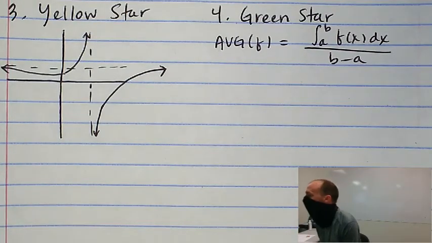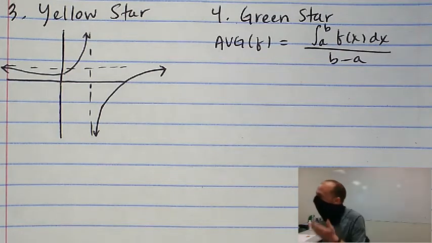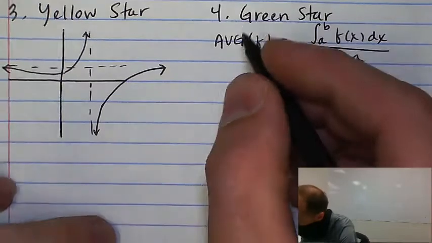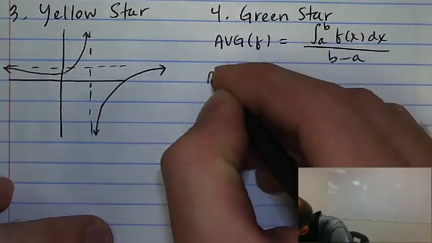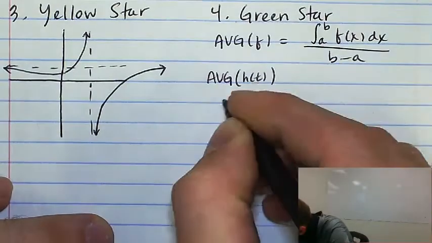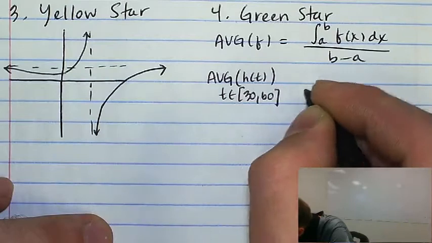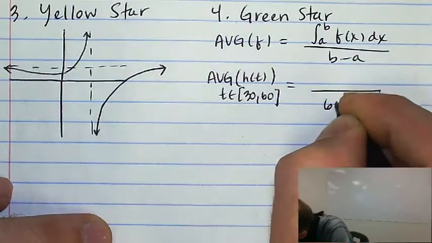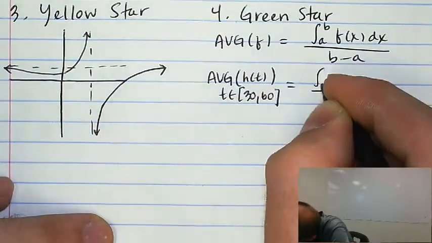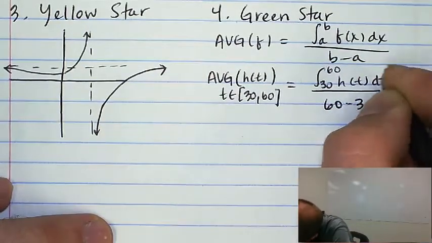And that's answer choice A. Okay, they just give you a bunch of other stuff that looks pretty appealing. And so, if we wanted the average value of h of t for t being between 30 and 60, well, that would be something over 60 minus 30. Well, the integral from 30 to 60 of h of t dt.